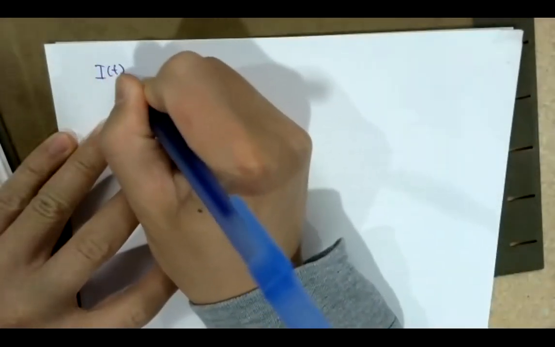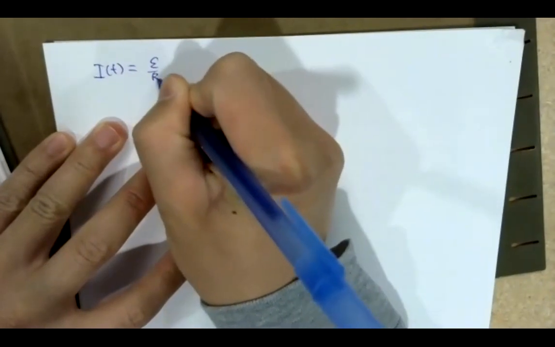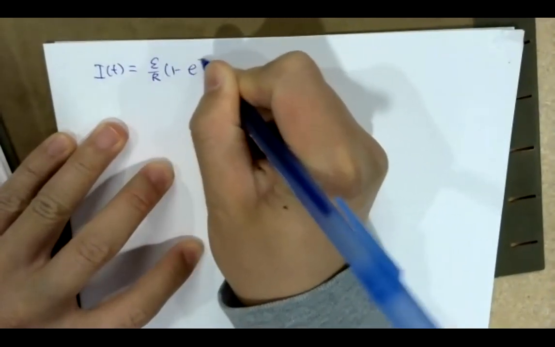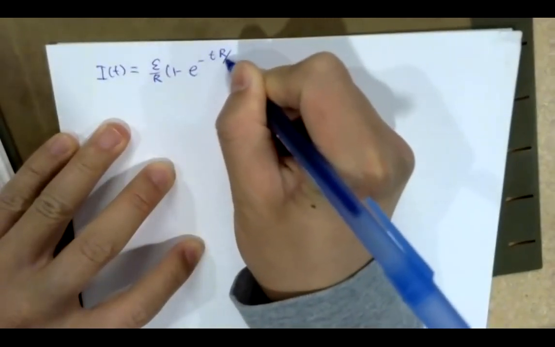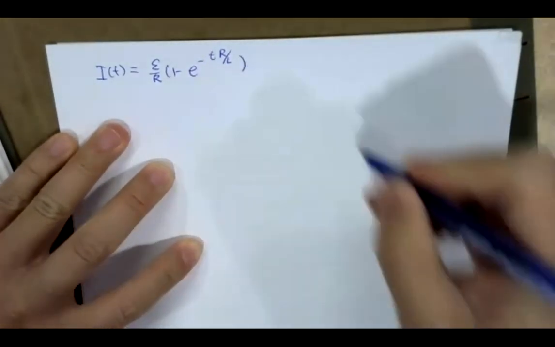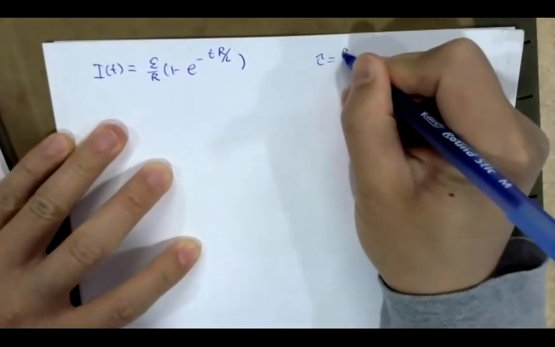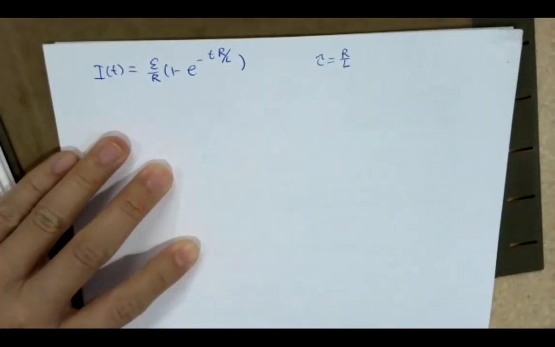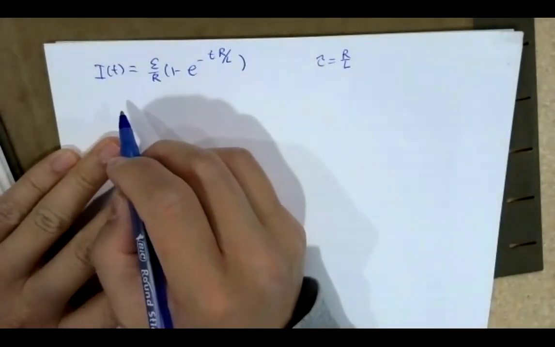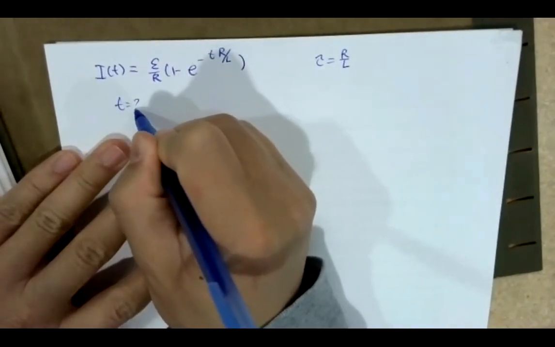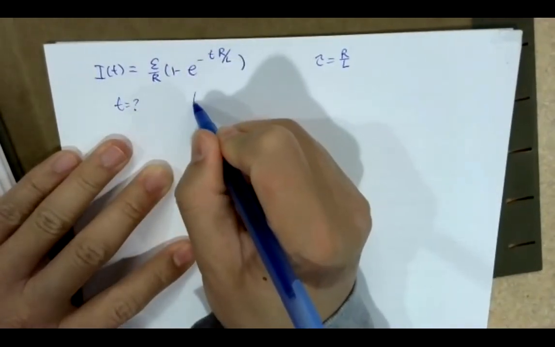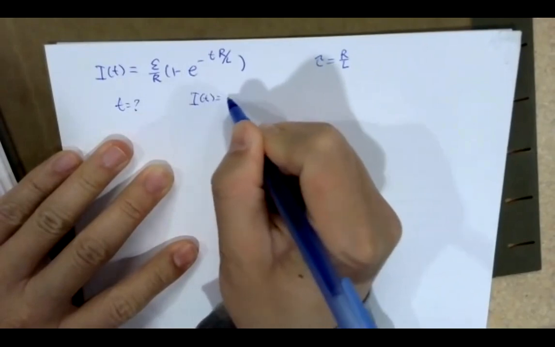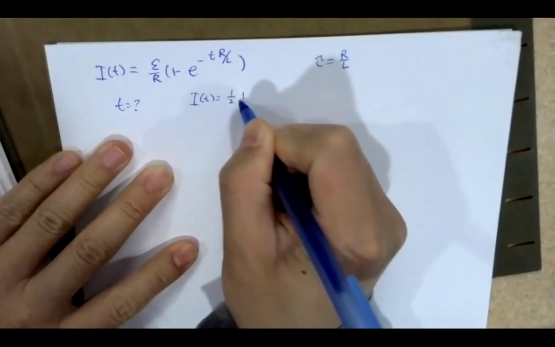So current as a function of time t is epsilon over R times 1 minus e to the minus t R divided by L. And then you can write R divided by L as tau if you want, but not necessary. So it's asking for time t, so that it is equal to 1/2 of I final.